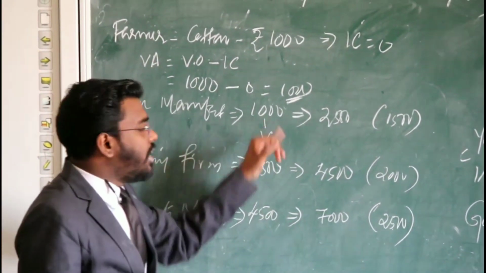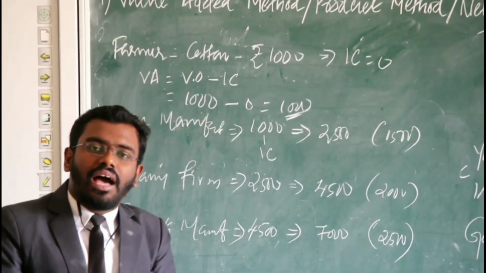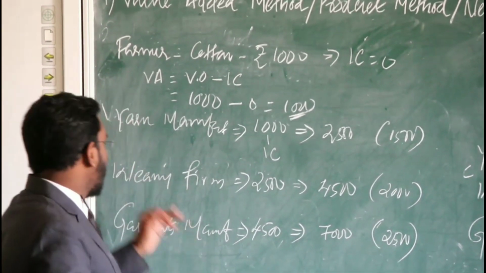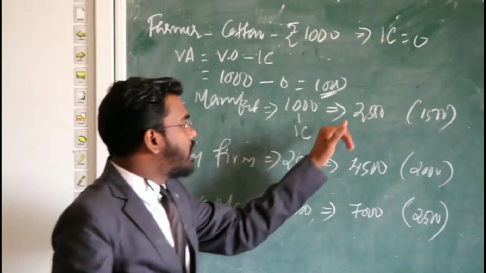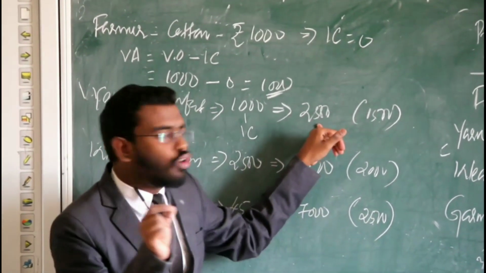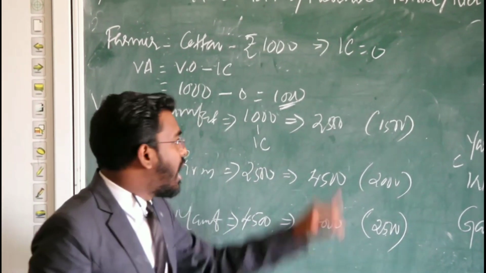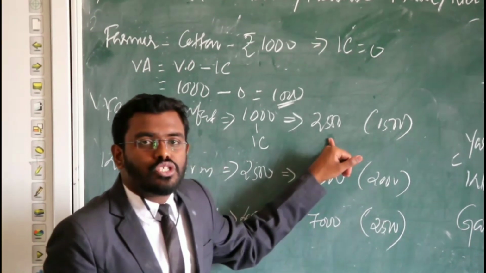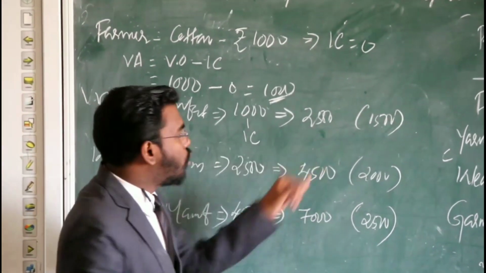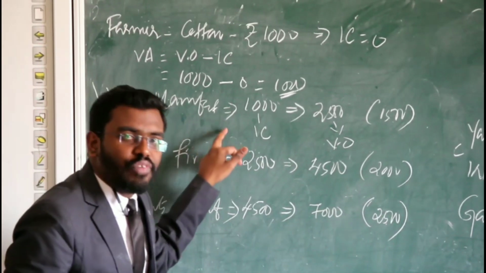He converted that raw cotton into cotton yarn and sold it to the weaving firm at rupees 2,500. So this is the value of output of the yarn manufacturer.